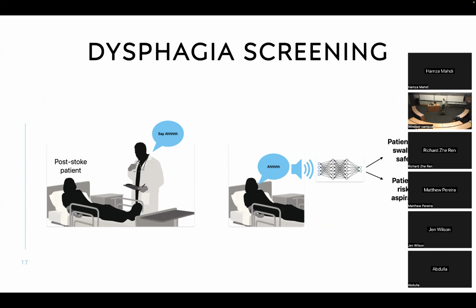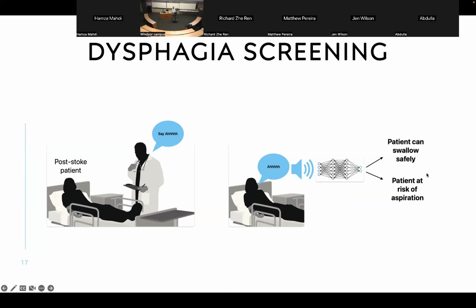But what if you don't have a speech language pathologist available? And then you can put the patient on NPO, which is quite harmful, as we all know. Instead, this AI can just listen to them speak and decide whether or not they're able to swallow. And it works quite effectively.